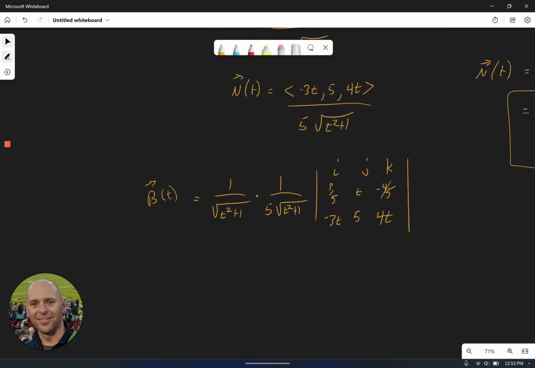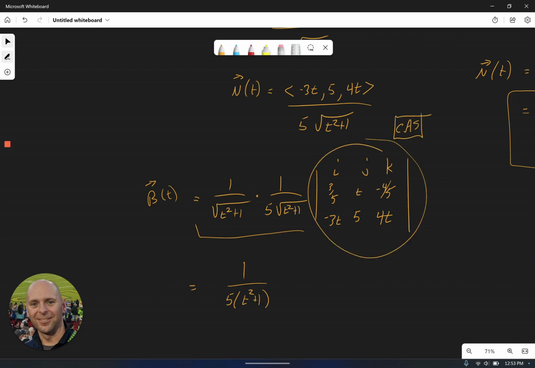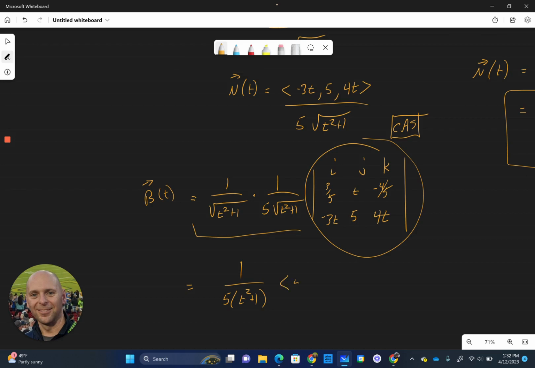If we simplify down this expression here out front, the product of these two magnitudes turns into 1 over 5 times t squared plus 1, which is pretty handy. Again, computing this on a computer algebra system, I have the following vector: 4 plus 4t squared, 0, and 3 plus 3t squared.